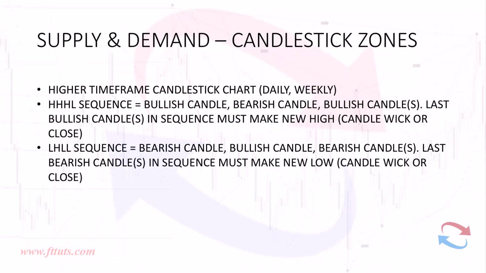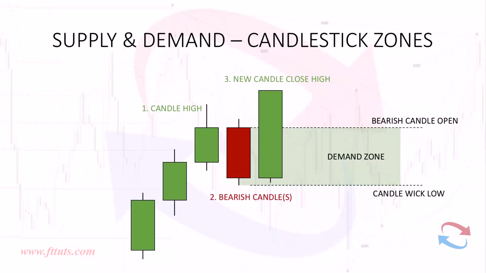So let's look at the demand and bullish example of what I'm talking about when it comes to the higher high and higher low principle. We have a trend up, and we have a candle high. We get a bearish candle, and then a new candle close high.